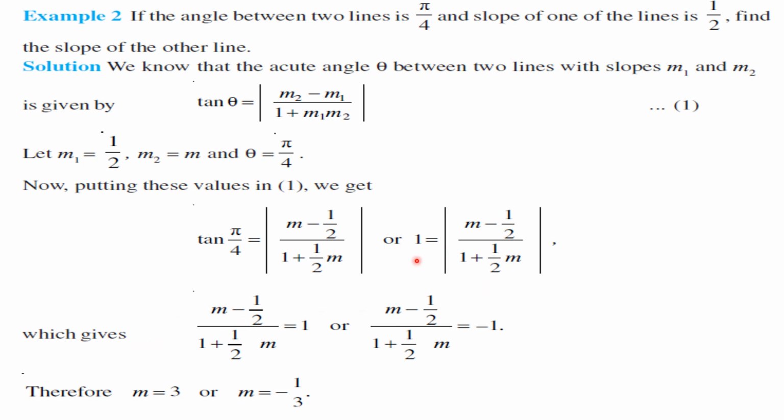So which gives, this implies 1 is equal to, here we are removing this modulus symbol, then we write plus or minus (m minus 1 by 2) whole divided by (1 plus 1 by 2 m).